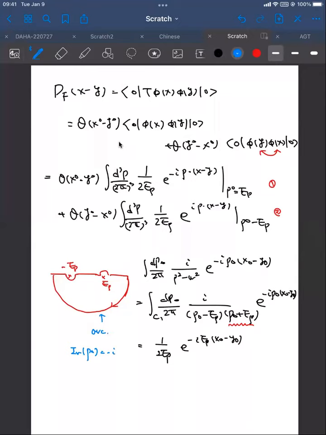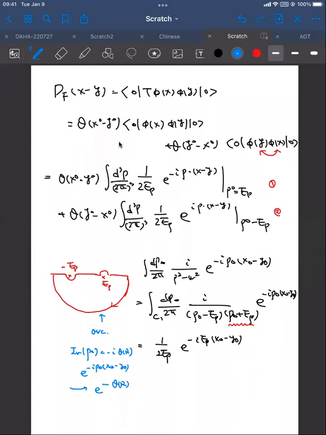If the radius is very big, order R, then e to the minus i p0 (x0 minus y0) decays like e to the minus order R. So you can ignore it.